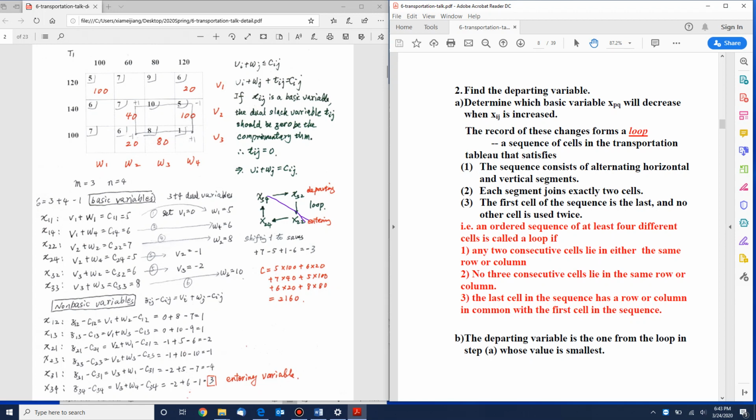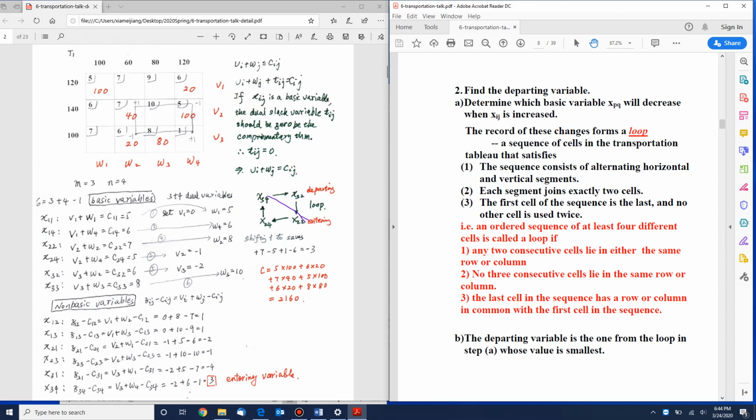If from the source 3, I increase one, I want to put one into the cell 3 4. I may reduce one from that 3 2 or 3 3 because those two are basic variables. You could see if you choose decreasing one from that 3 3, the 80, in this column there's no other basic variables. So if you reduce one, you couldn't increase to others.